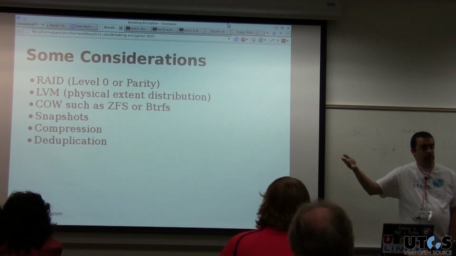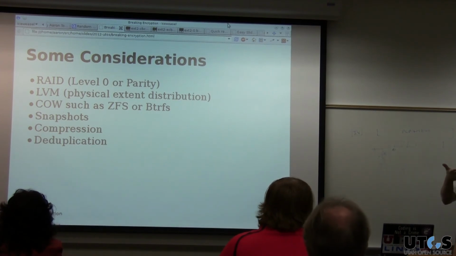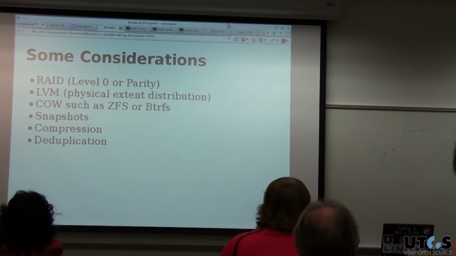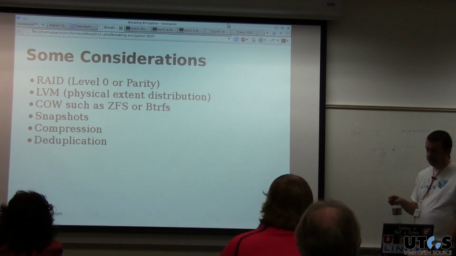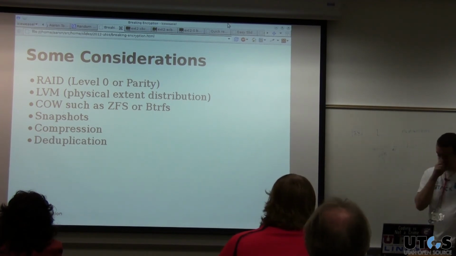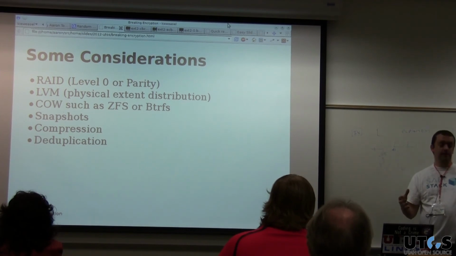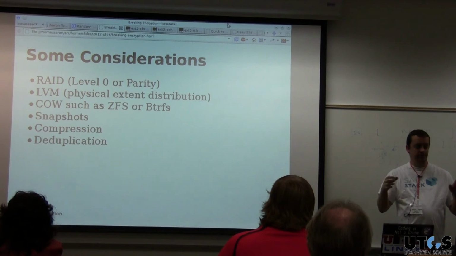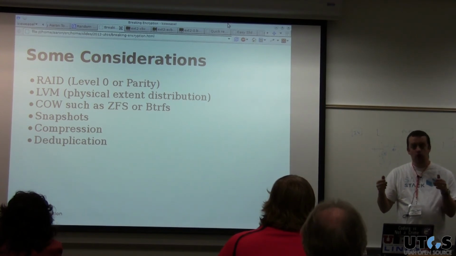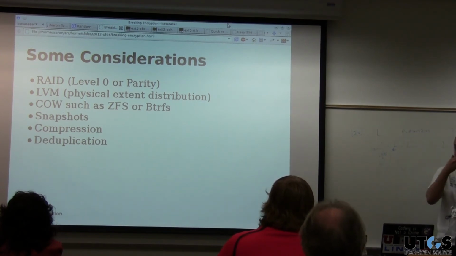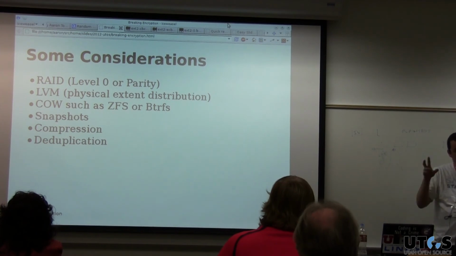If I introduce compression, compression's interesting because it introduces entropy to the system. So if I compress my file and then store it on the drive, can I get anything out of it? I don't know. And deduplication is either file-based or block-based. Either I remove all duplicate files on the file system and just provide pointers, or I remove duplicate blocks. So again, I can save a form of compression, or I can save disk space.